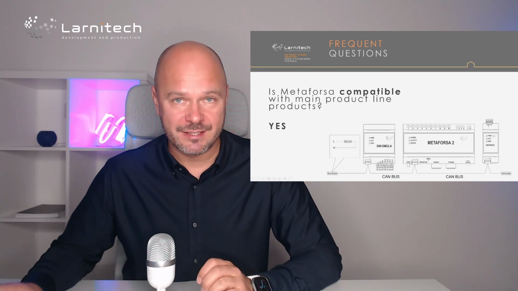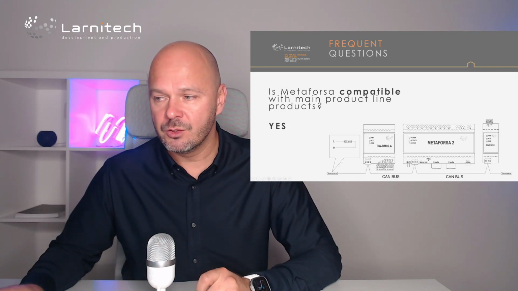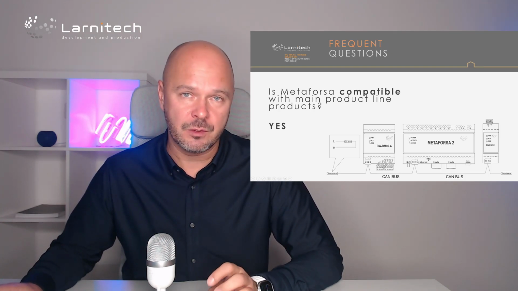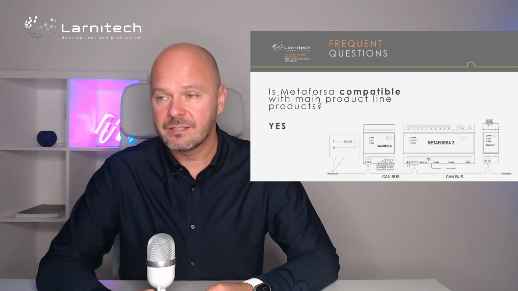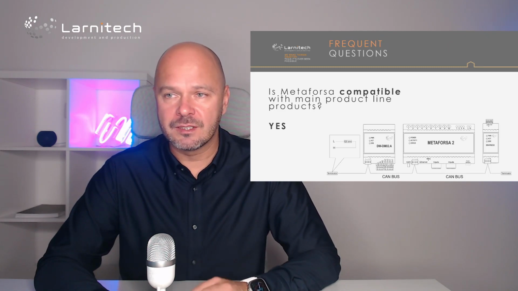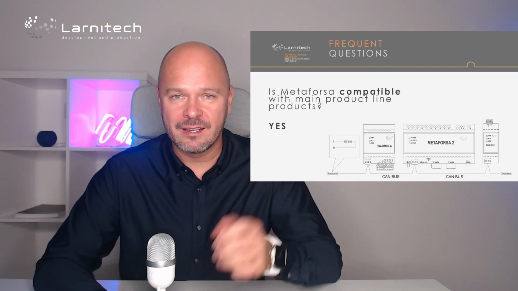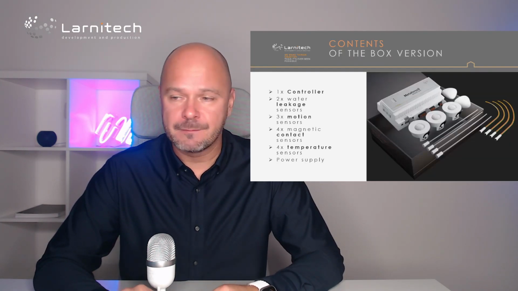Not like two buses like MG, yes? And GW do not connect here. Use DMG if you want to have bigger systems, okay? But you can use any product line, normal product line, main, I mean, with Metaforsa through the CAN bus.